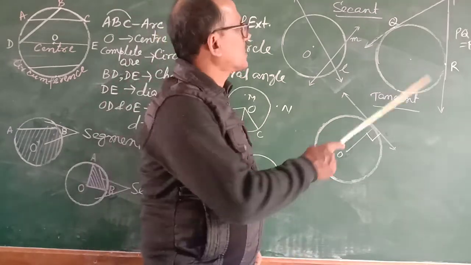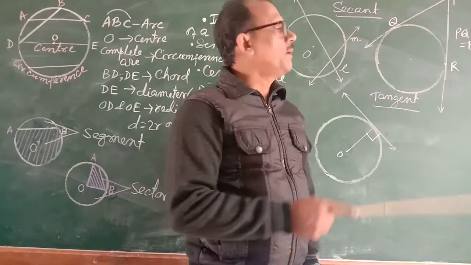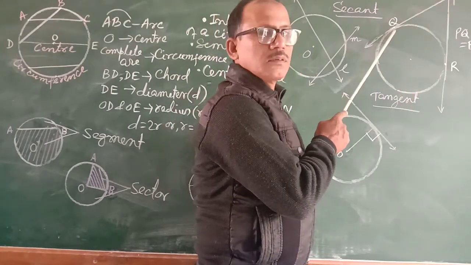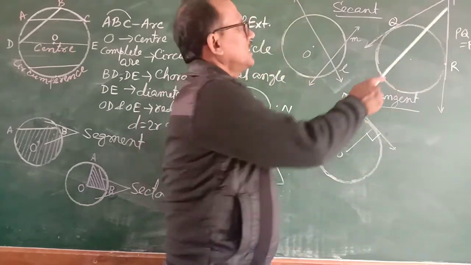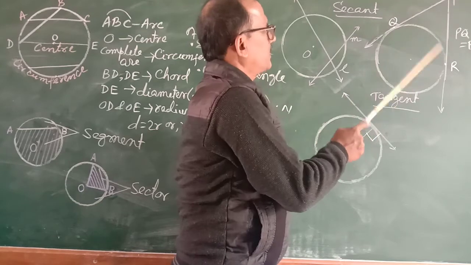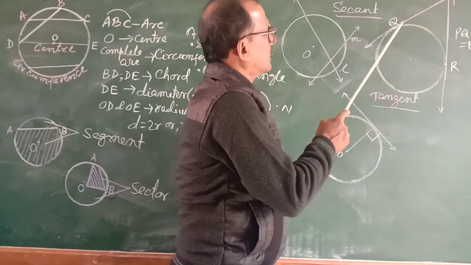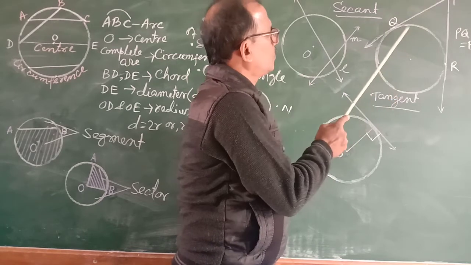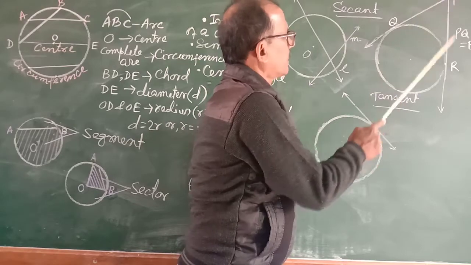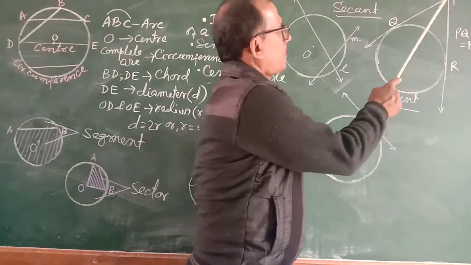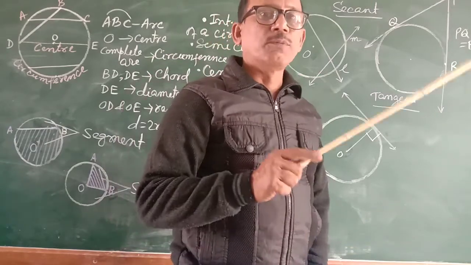But if any point is outside a circle, straight lines from that point will touch the circle, and the two straight lines from that point to the touching points, that is PQ and PR, these two will be equal. So from outside a circle, there will be two tangents.